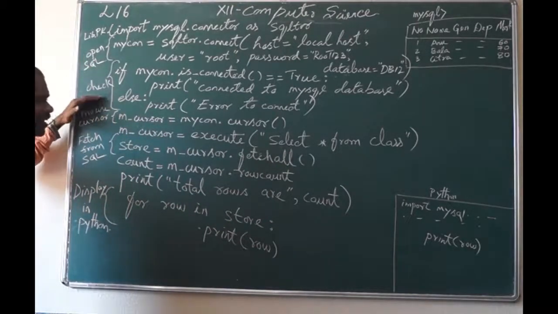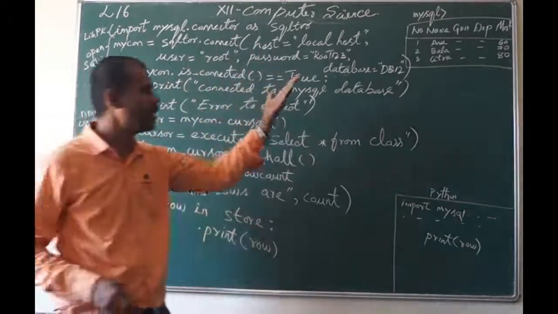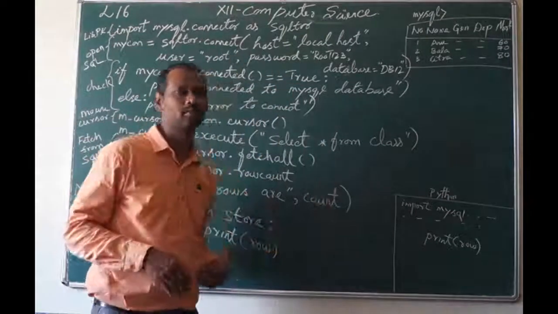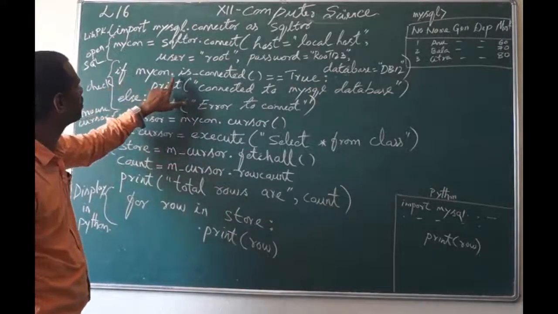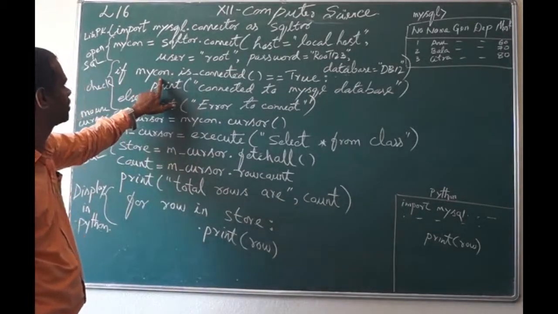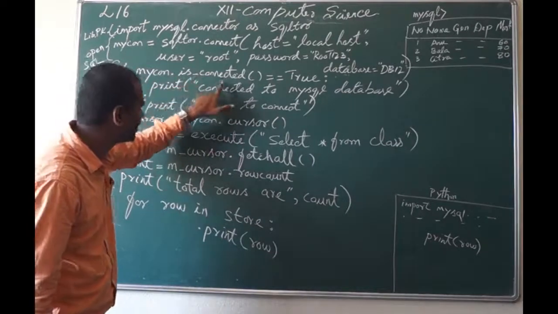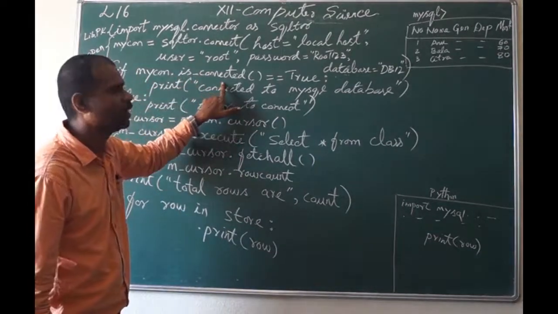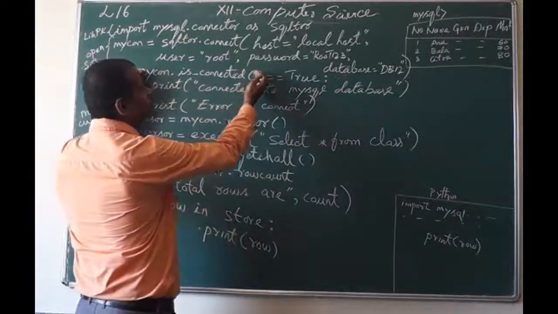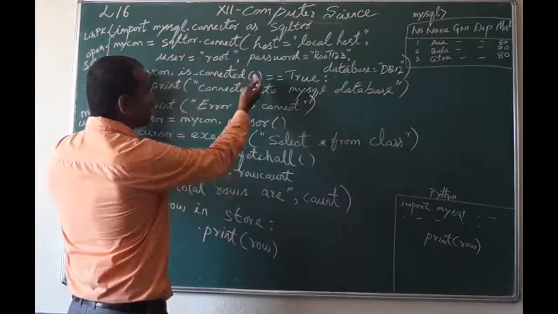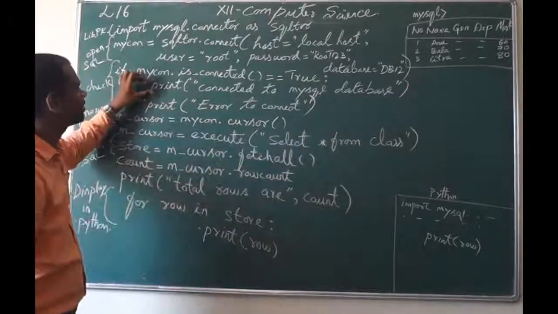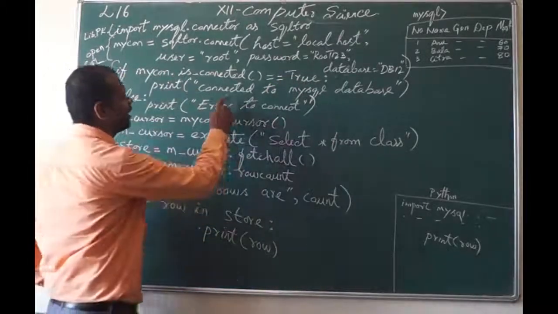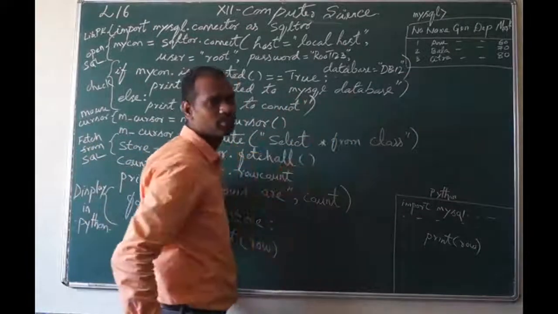Then what is the purpose of these three lines? For checking whether SQL and Python are connected or not. What is mycon? It is a connection object. If mycon is connected, it will return true. Only if mycon is connected, you have to print this line: connected to MySQL database.